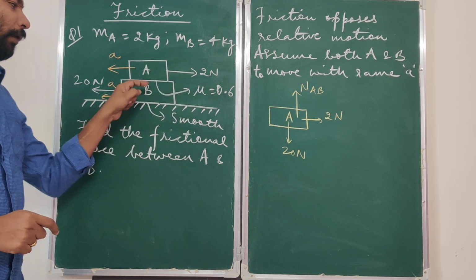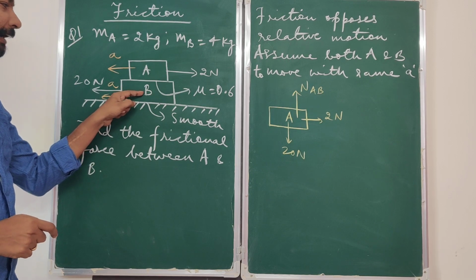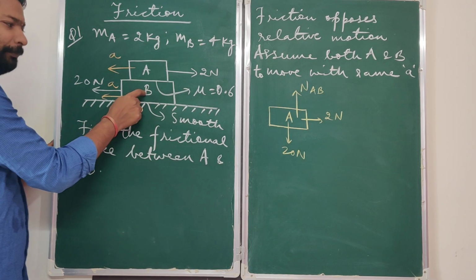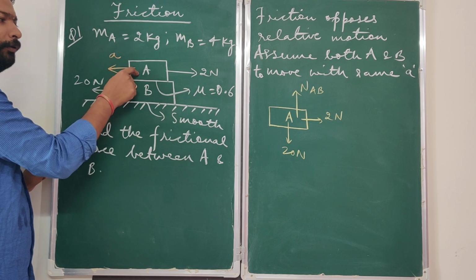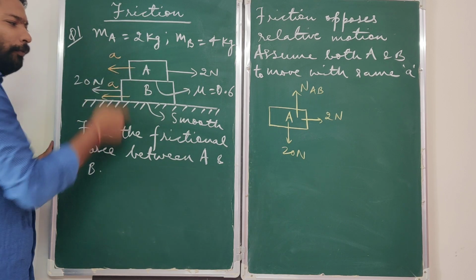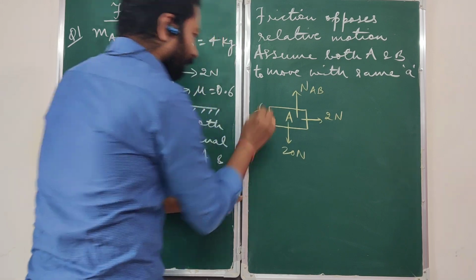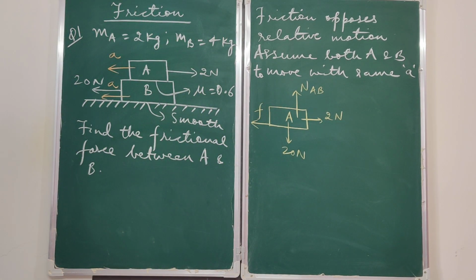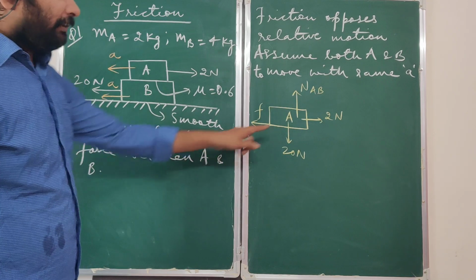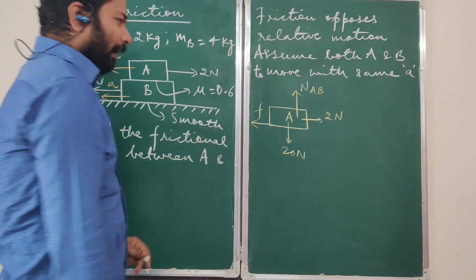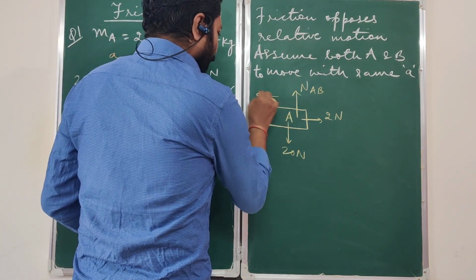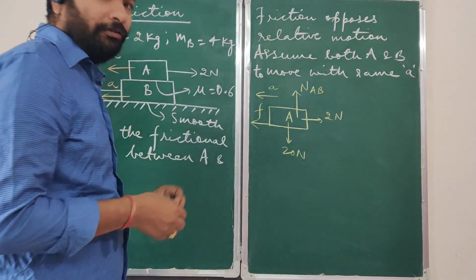Opposite direction. What will block B do in turn? By Newton's third law, block B will also exert similar amount of frictional force on A in opposite direction. So the frictional force which will act on A will be in this direction. We write it as small f. So this is the free body diagram of A. Under the action of all these forces, this is moving towards left hand side with acceleration of A.